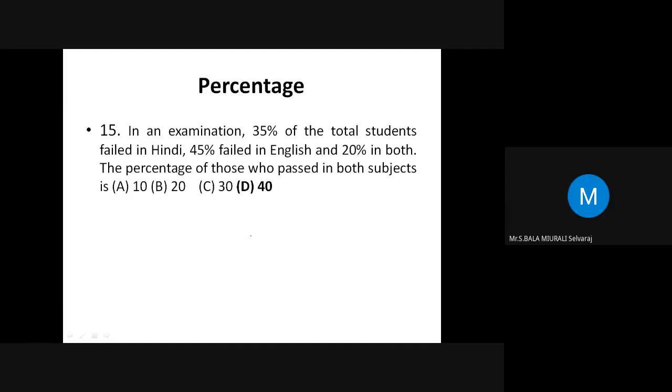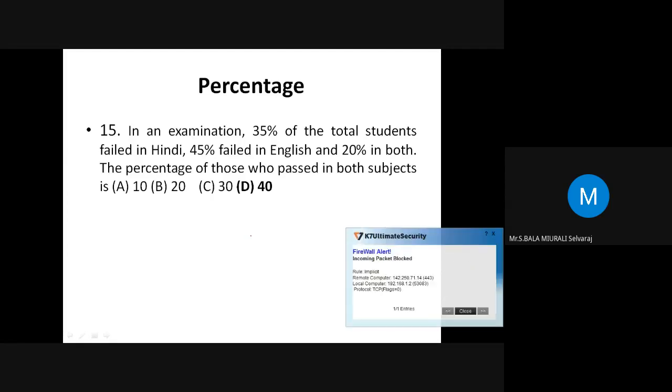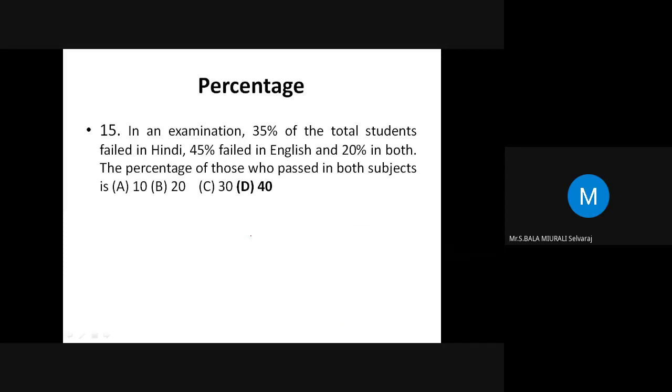So you work this out, take 1 minute. So let's work it out.